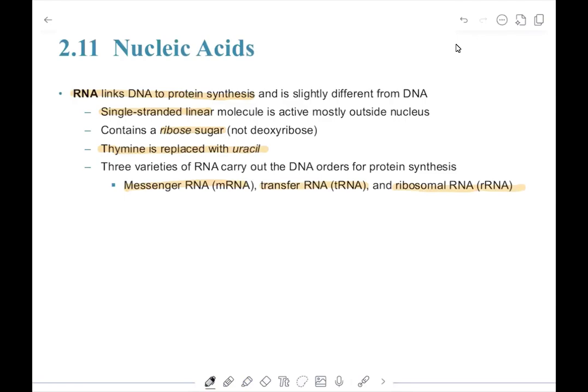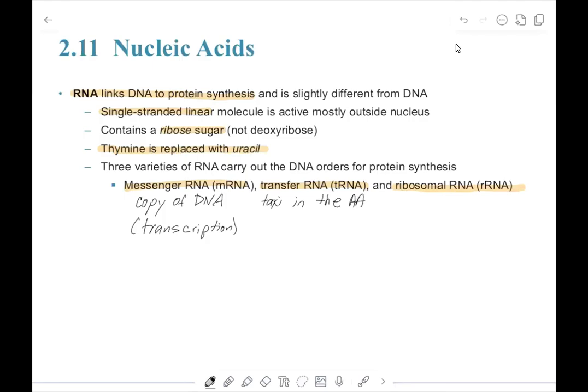So the messenger RNA is simply a copy of the DNA that's made during what's called transcription, which you'll be learning more about in chapter 3. Transfer RNA is what I like to think of as taxiing in the corresponding amino acid.